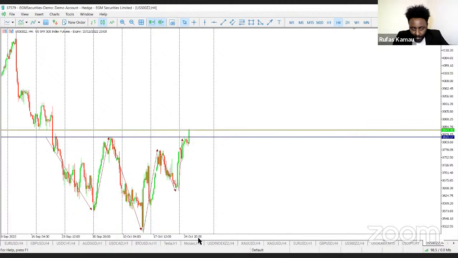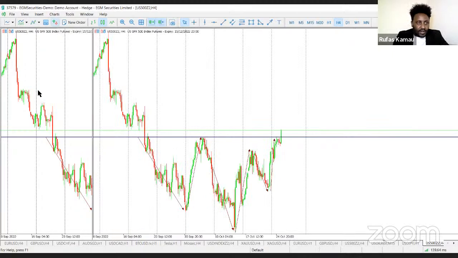Besides focusing on the US 500, if you look at the Dow Jones and the NASDAQ, I'll try and get to that, as clear as possible. Okay, I don't have that chart open.